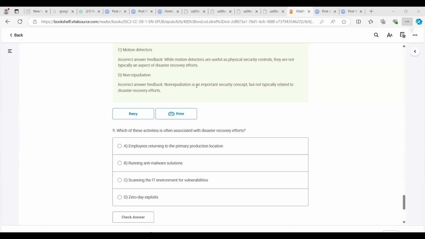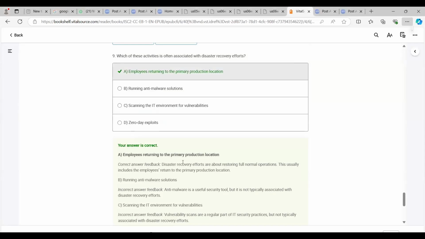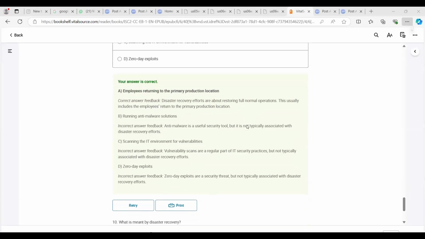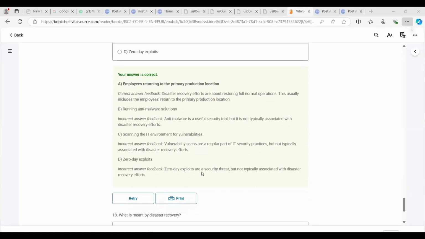So let's go for A. So it cannot be zero-day, for someone that put zero-day, because I think we explained the zero-day not long ago. So this is the zero-day experts.